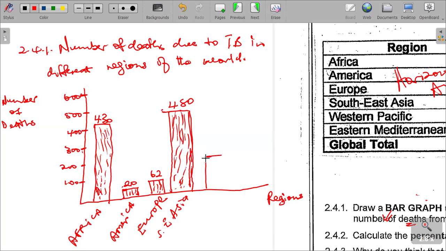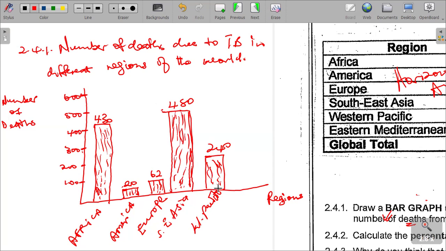I put my 240 there, and I label it Western Pacific.